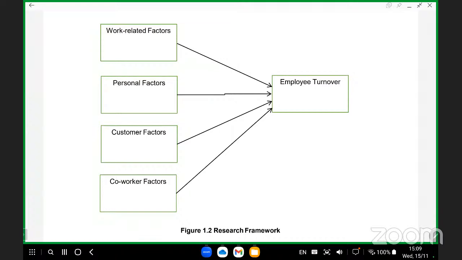So this is one way of tackling your research framework, how to go about your research framework in simpler words.